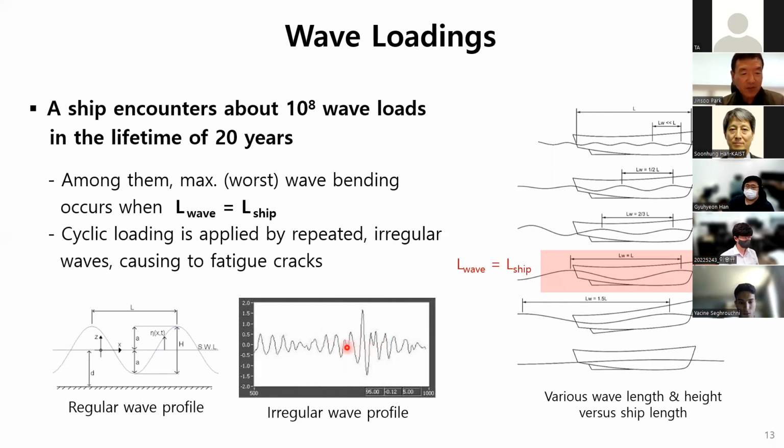In terms of wavelengths, there are so many different lengths of waves. As you can see, some examples in this figure. This red color shaded situation is where the wavelength is about the same as ship length.